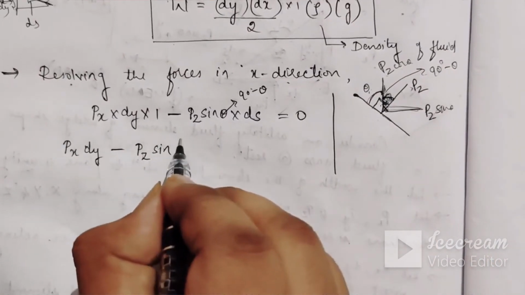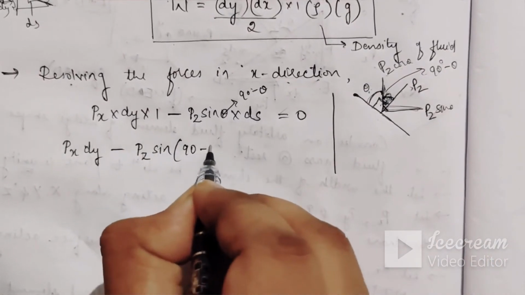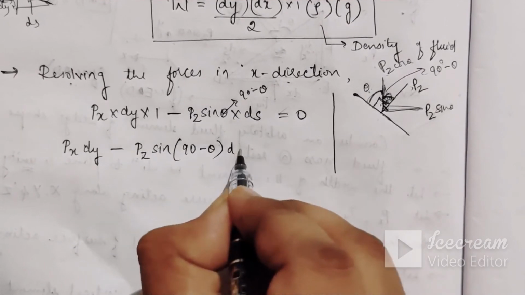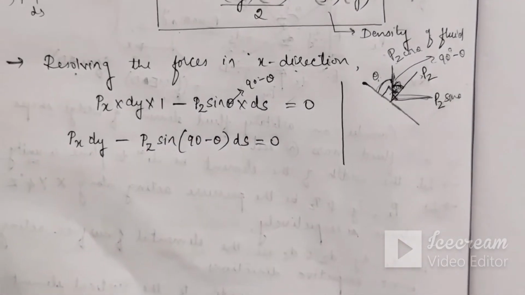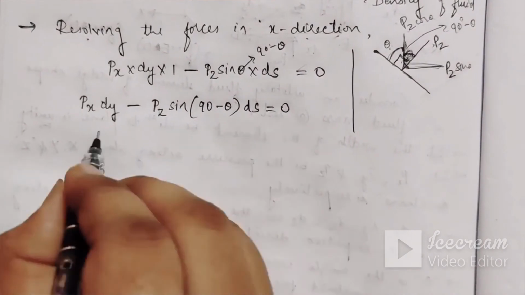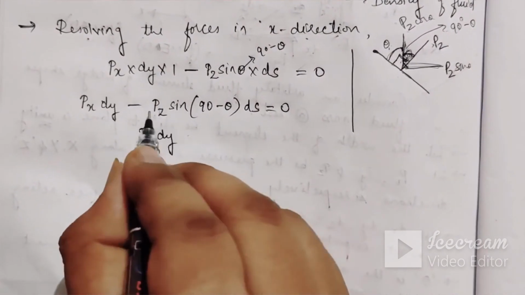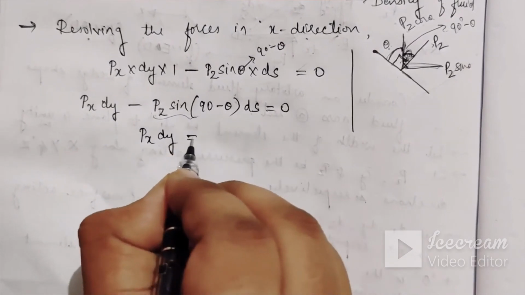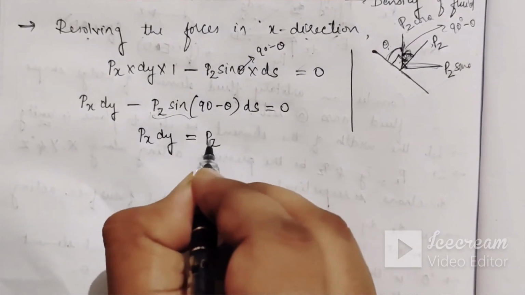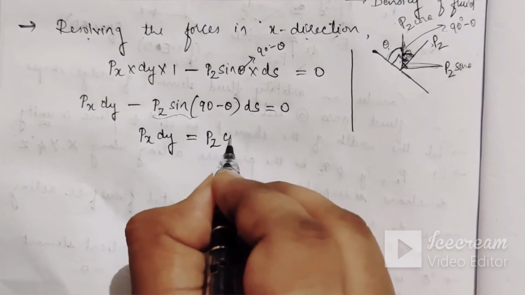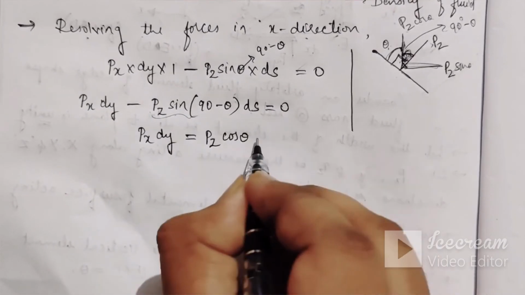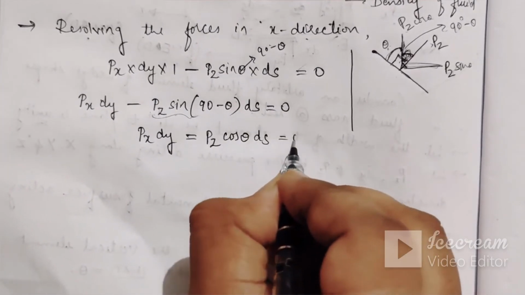So every term is very important: sine of 90 minus theta into ds is equal to 0. Next, px into dy, I'll send this term to that side, pz plus pz will happen, sine 90 minus theta is nothing but cos theta into ds is equal to 0.